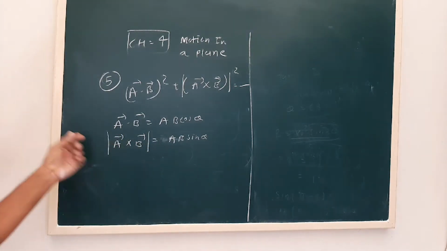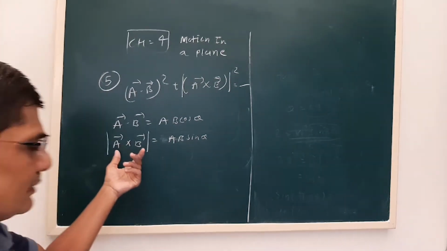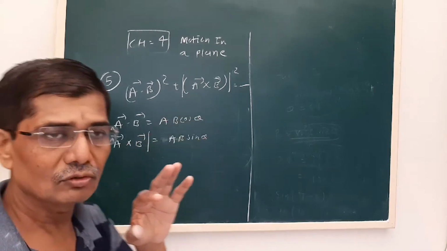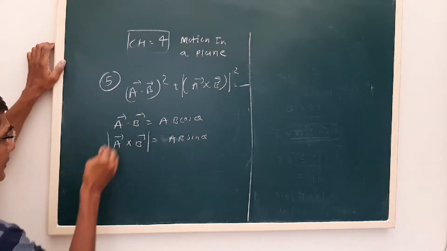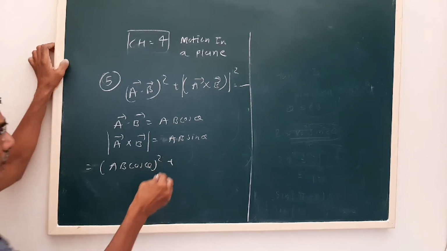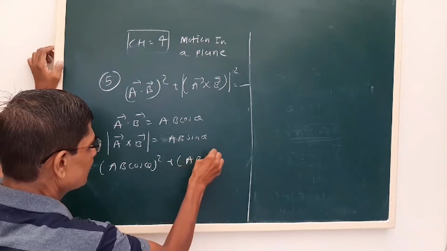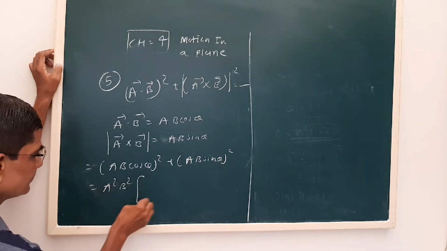Why? Because in the vector product we should know about the direction, but right now it is given in terms of modulus. It is in terms of the magnitude only. Now see, we substitute the value, that is AB cos theta whole square plus AB sin theta whole square, A square B square.